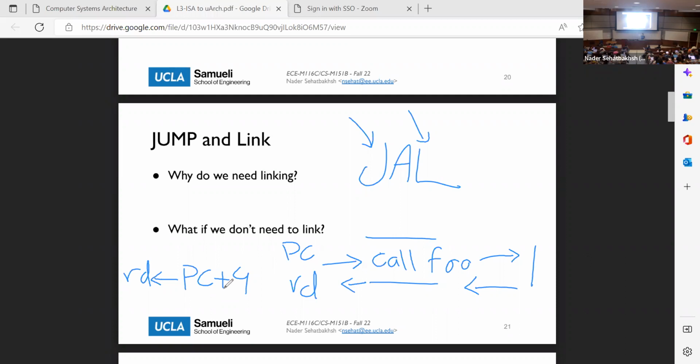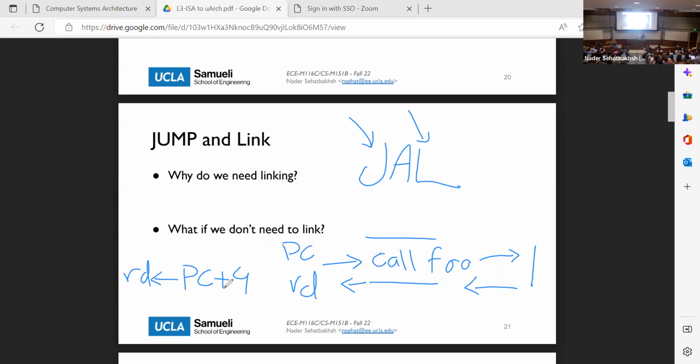Okay? There are some questions. The question is, if your function calls another function, what happens? We will talk about the calling convention later. What you need to do is store things into separate registers. Usually the operating system takes care of this in the stack. So we really don't keep this in a register; we first save it into a register, but then write it into a stack, which is memory.